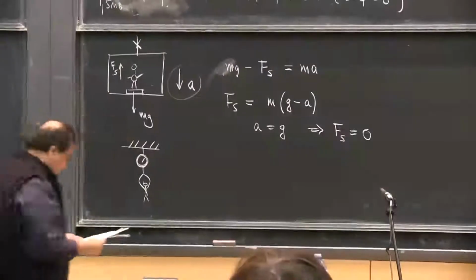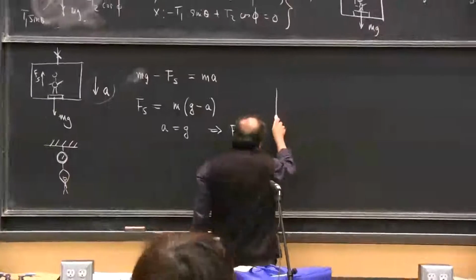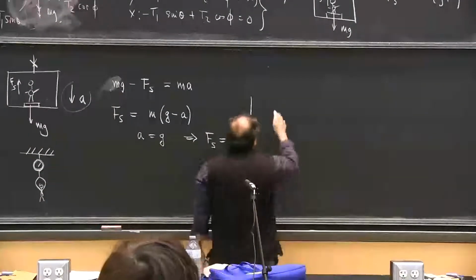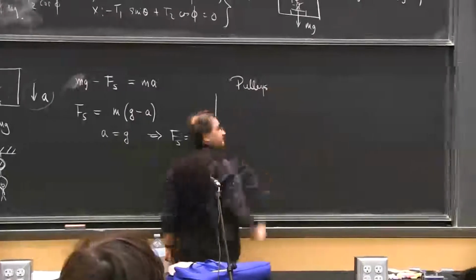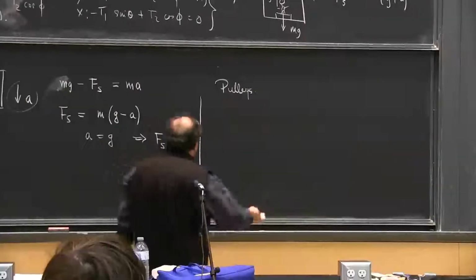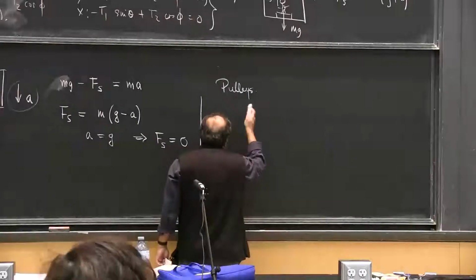Okay. Let's now do a somewhat different problem, but it's an important class of problems. These are pulleys. Pulleys are very important, as you know. You won't have bridges, cranes, nothing without pulleys. You won't even have your big buildings anymore. So what's a pulley?